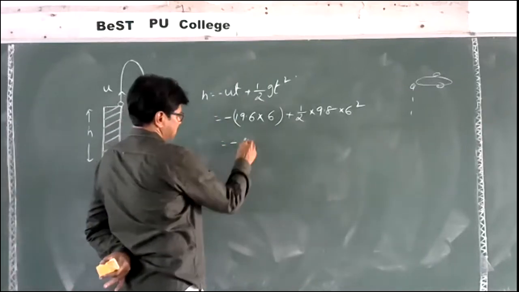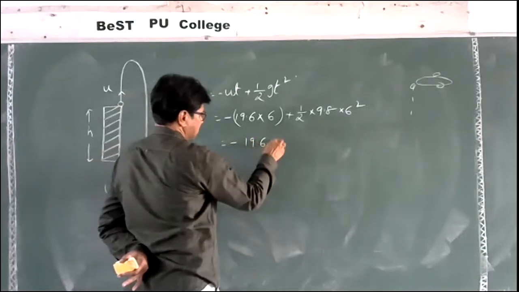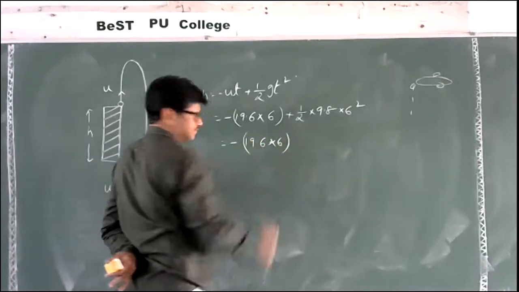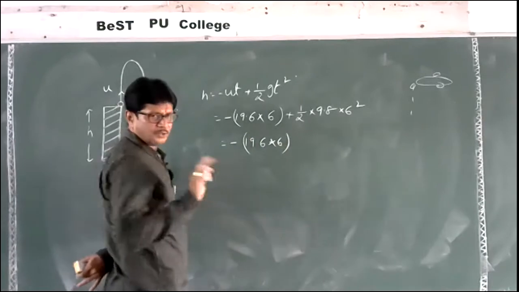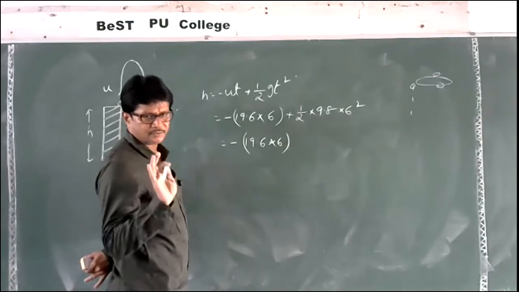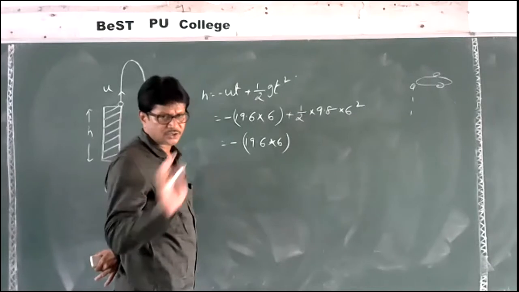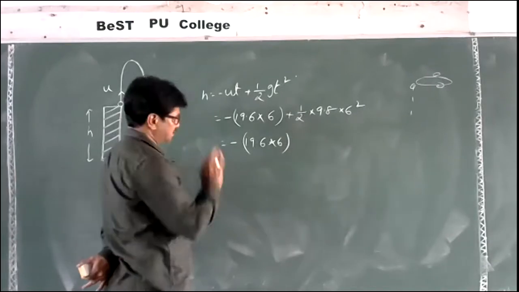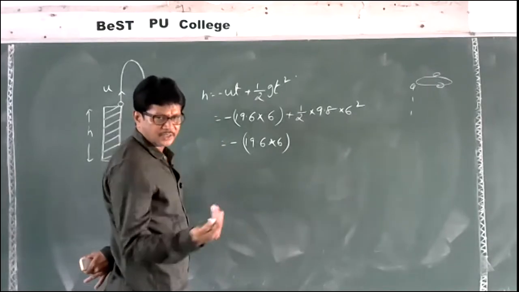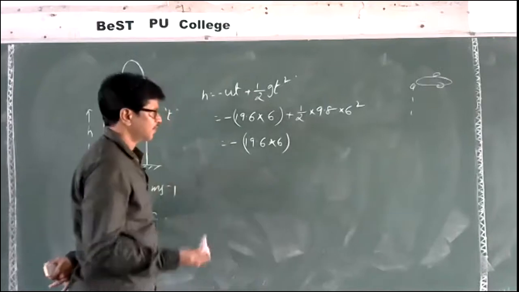So minus 19.6 into 6. In PUC, no problem, you can use a calculator, whereas in objective we cannot use the calculator. That's why we have to simplify it in the easiest manner.